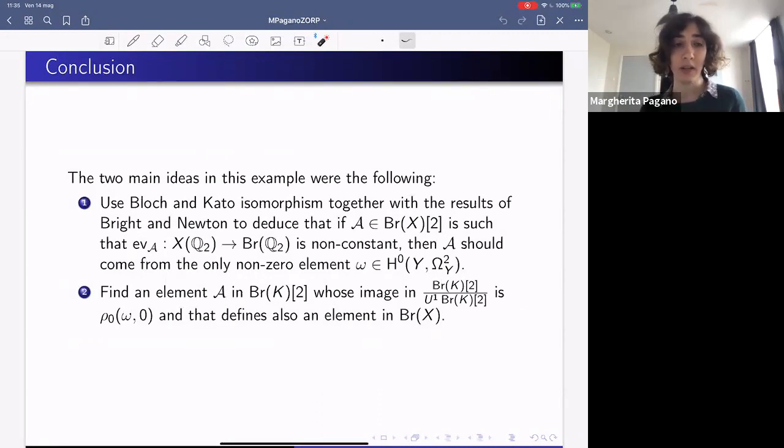The first was to use Bloch and Kato isomorphisms together with the results by Bright and Newton to deduce that if an element A such that the evaluation map on the Q2 points is not constant exists, then A should somehow be related to the only non-zero element in the 2 forms on Y. And the second main step was to find the correct lift of A, in the sense of finding an element A in the Brauer group of K, such that the image in the quotient comes from the couple omega 0, but which also defines an element in the Brauer group of X. So these were really the two main steps in my example.